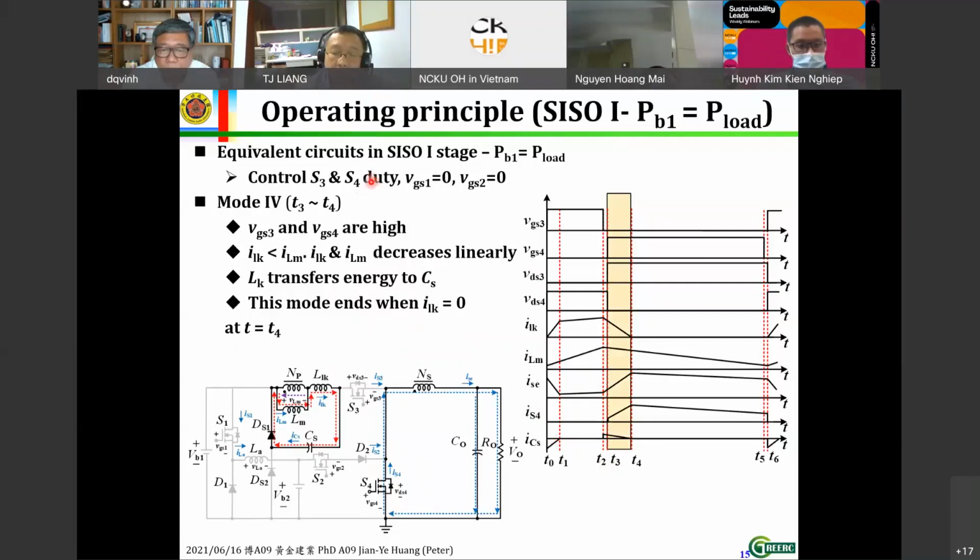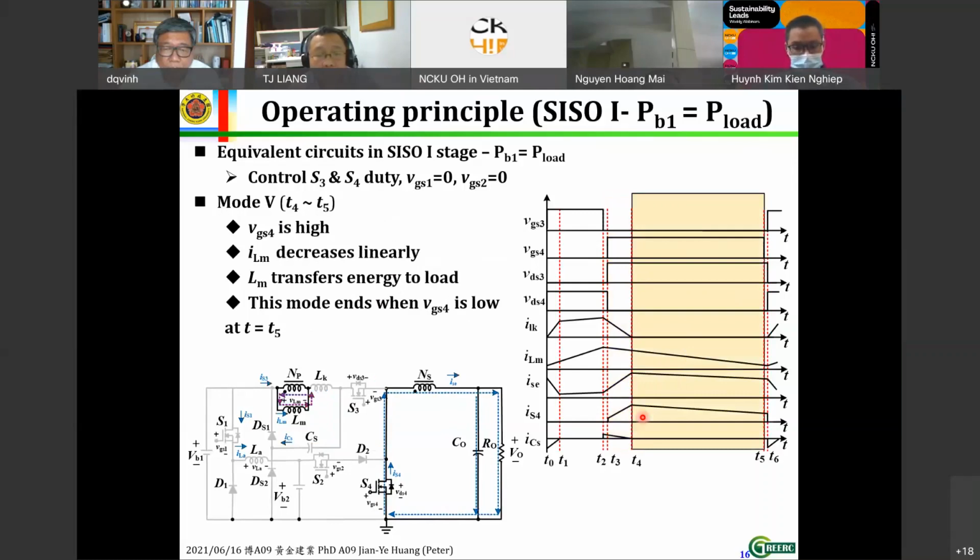In mode 4, from T3 to T4, VGS4 is high and ILM is smaller than ILK. The LK energy continues to release to CS until the leakage inductance current releases to 0 at T equal to T4. In mode 5, VGS4 is high and ILM decreases linearly.